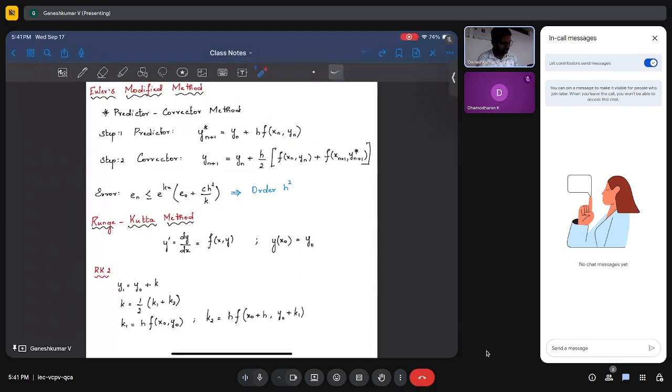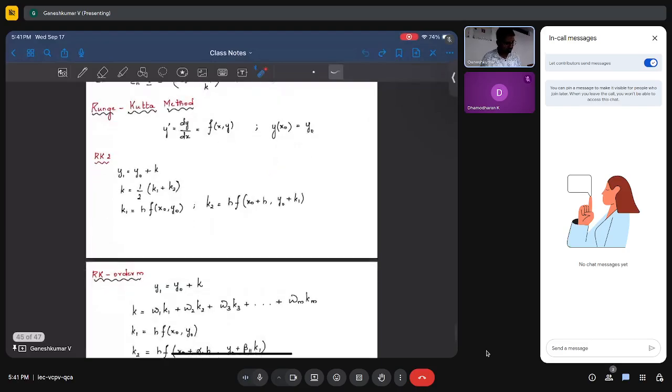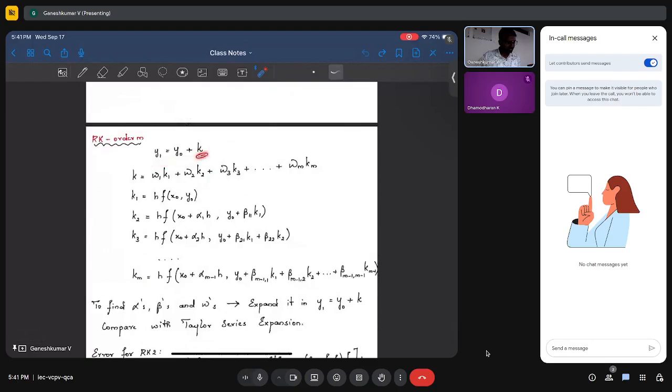So in general, in the Runge-Kutta method, you are just trying to express y to be y naught plus k, and this k can be omega 1 k1 up to m number of orders, and this k can be expressed like this.